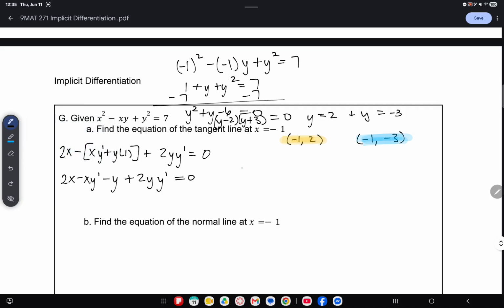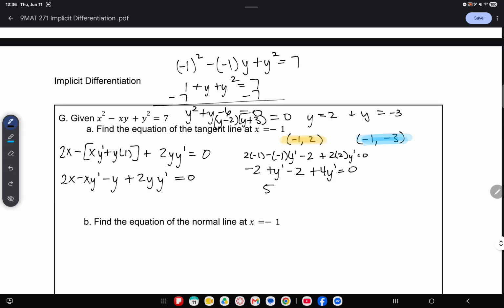So I'm just going to substitute in. So I have 2 times x minus x y prime minus y plus 2y y prime equals 0. So I have -2 plus y prime minus 2 plus 4y prime.